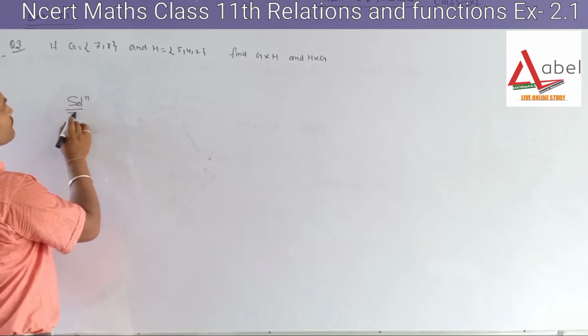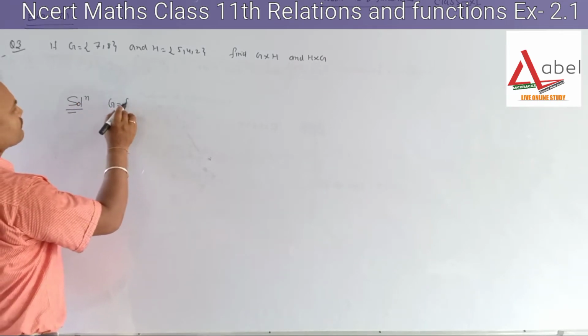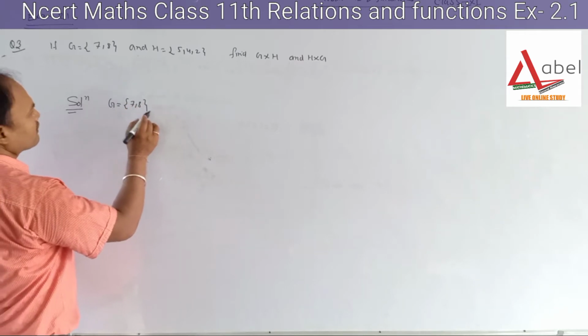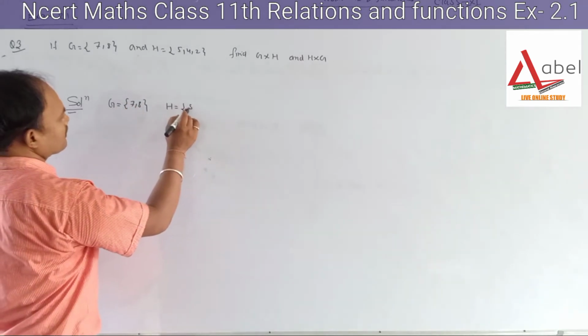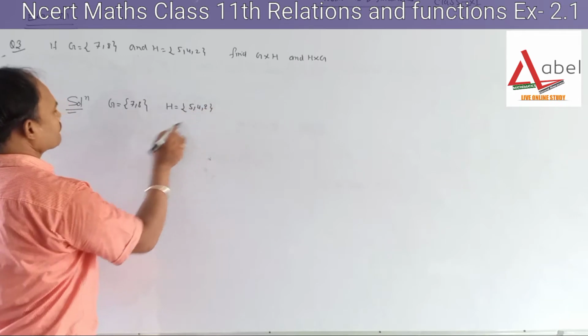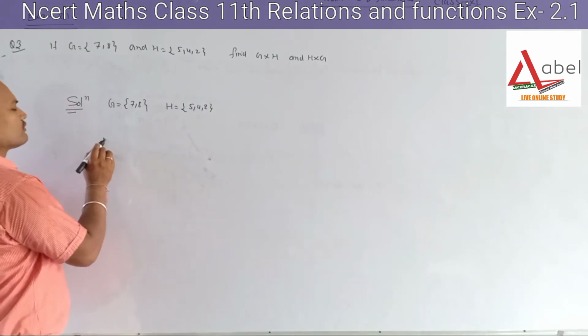So it is a solution. G equals {7, 8} and H equals {5, 4, 2}.